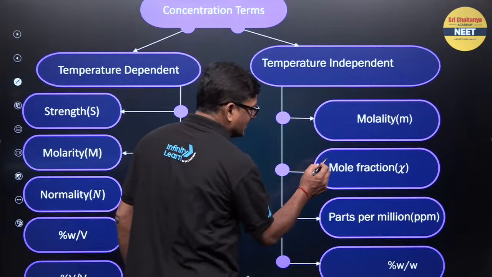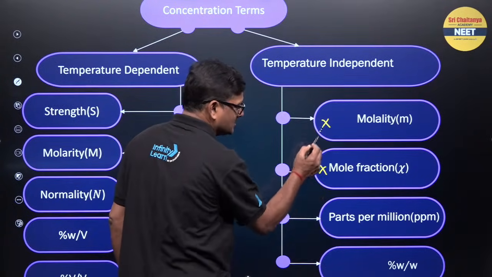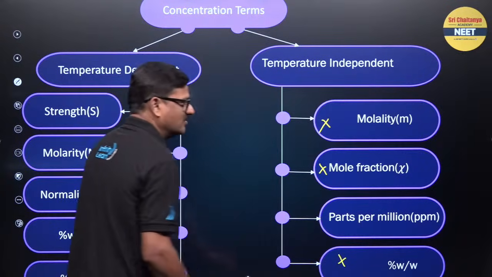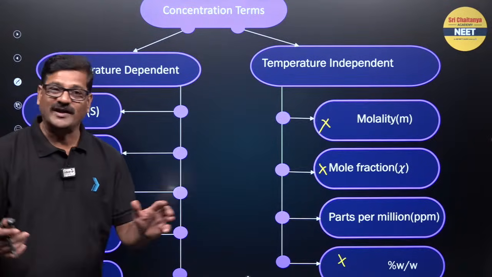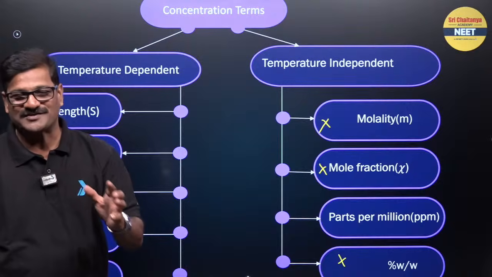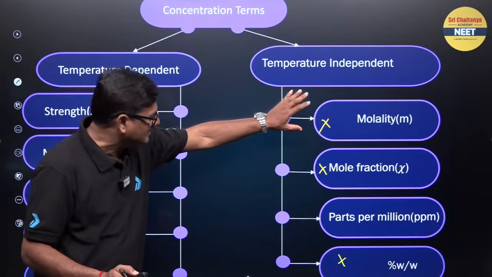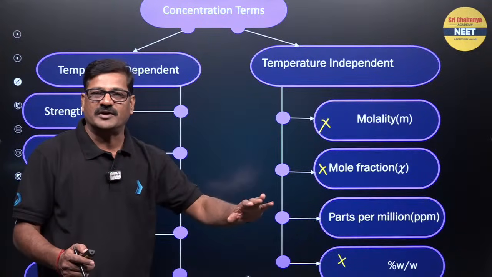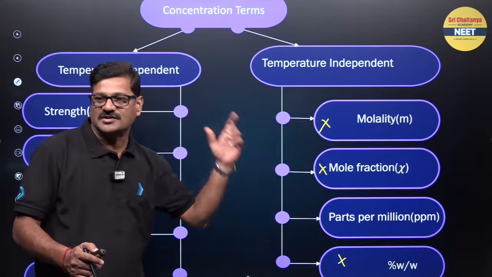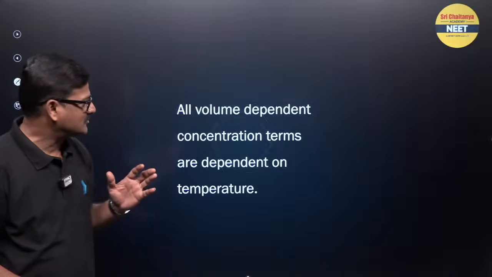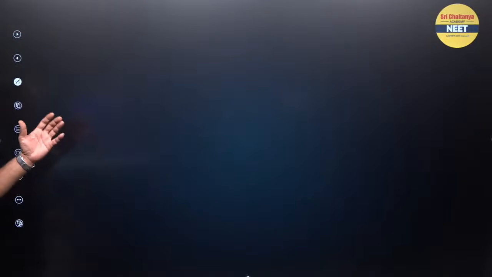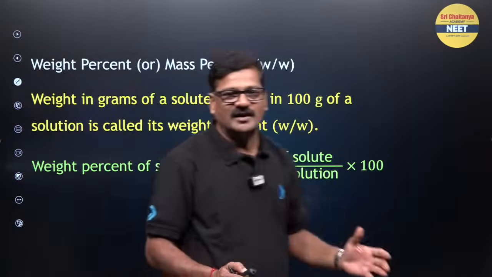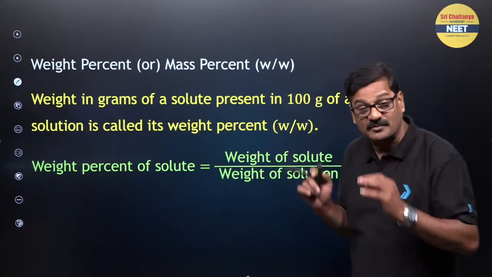Mole fraction is independent, molality is independent, and W by W is independent. When you check a multiple choice question, anything like these is temperature independent, and the rest are all temperature dependent, right?